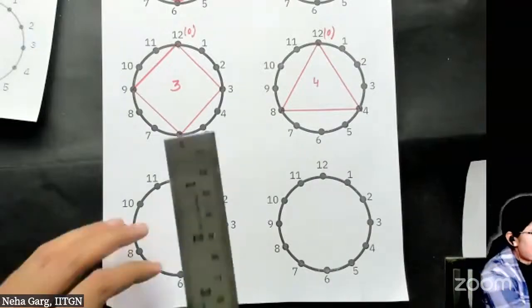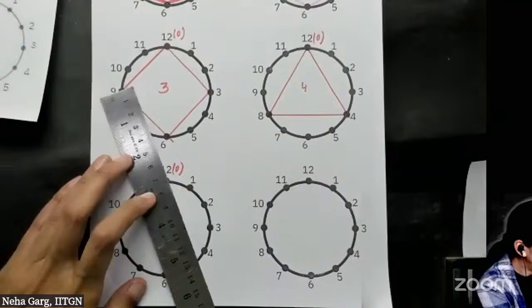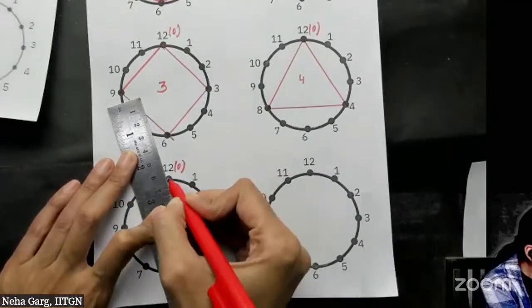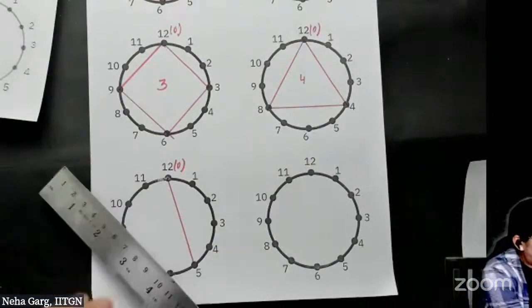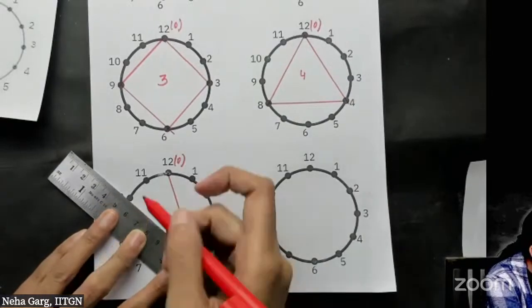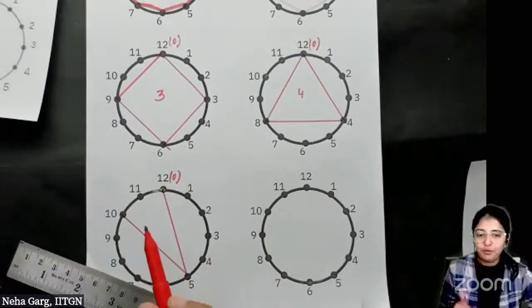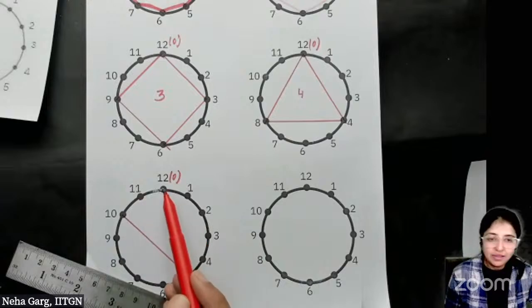Okay. So now I will start again from 0. And what I'm going to do is, I'm going to add 5. So I will reach 5 here. Now, 5 plus 5 is going to give me 10. So here, let's add 10. Okay. Now, if I have to add 5 more, what I will get is 15, but the numbers are till 12.